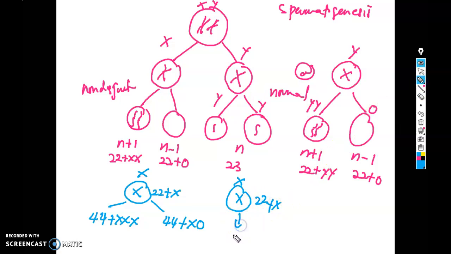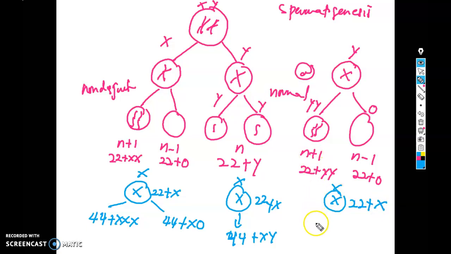So they will get 44 plus X, XY. Or here is 22 plus Y, and if fertilized with the normal X chromosome, 22 plus X, they will get 44 plus XYY.